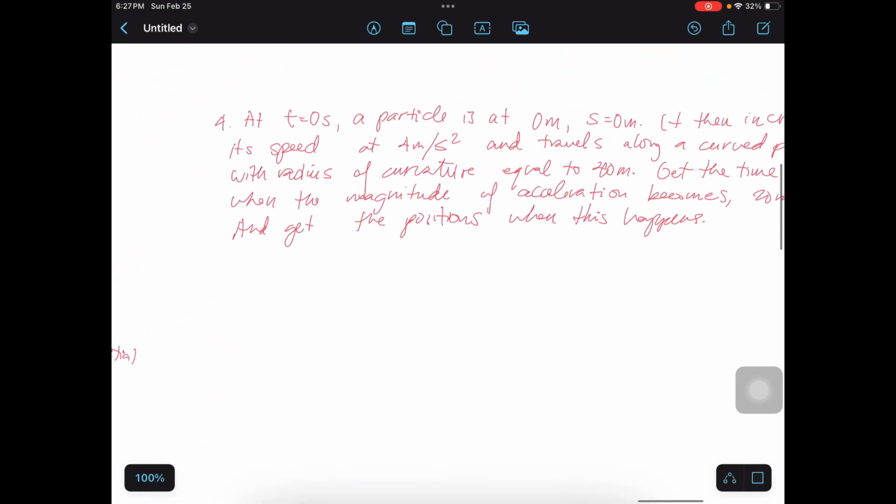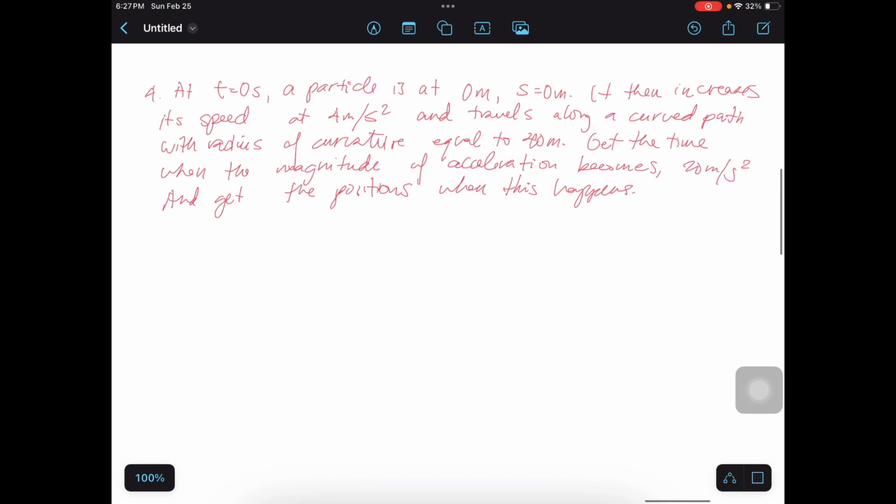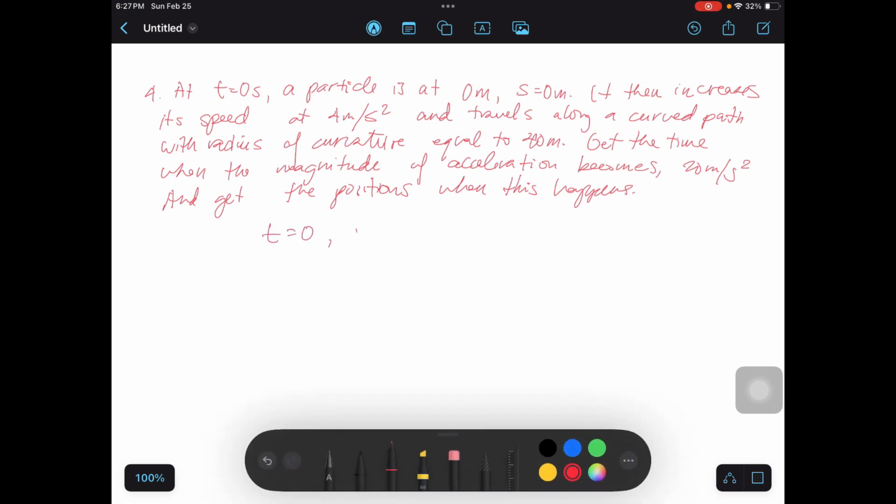So, madali lang din yung number 3. Direct substitution lang. So, number 4, at time 0 seconds, a particle is at 0 meters. So, that means at time 0, S is 0.